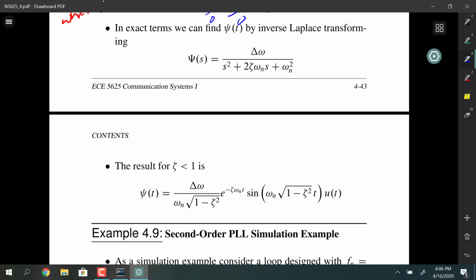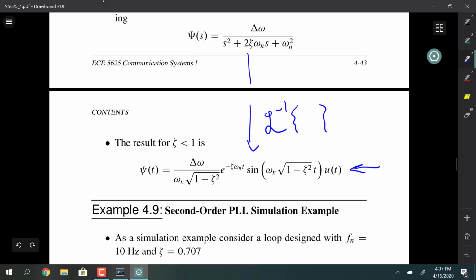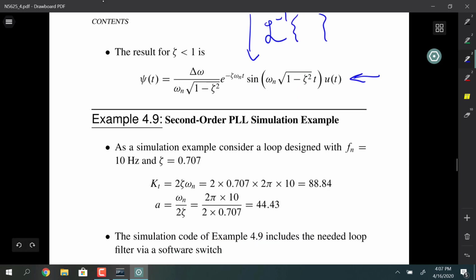This is assuming a linear model, and the transient is this equation right down here. The inverse Laplace transform would get you that. There are a lot of other combinations out there for different types of loop filters, but this is a pretty standard one. So it's a damped sinusoid is what it is.